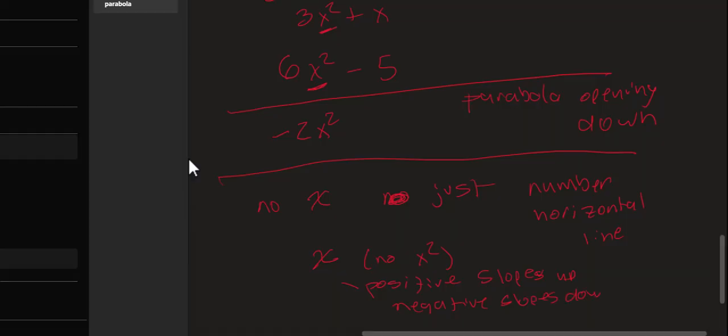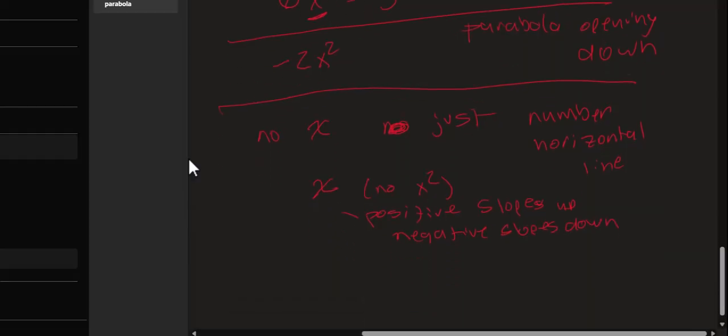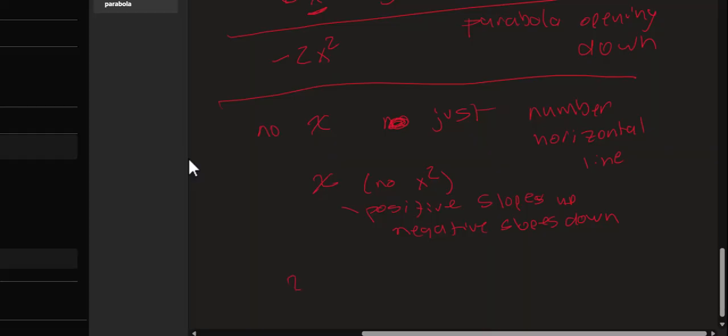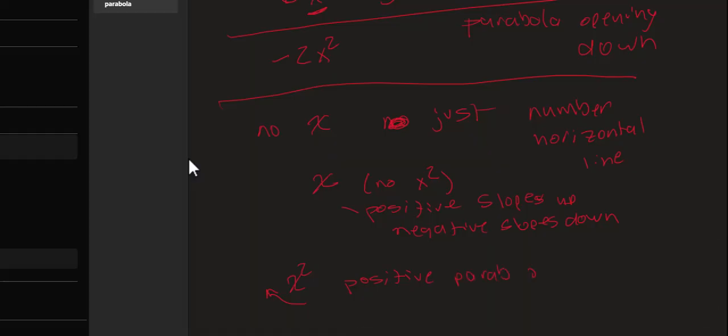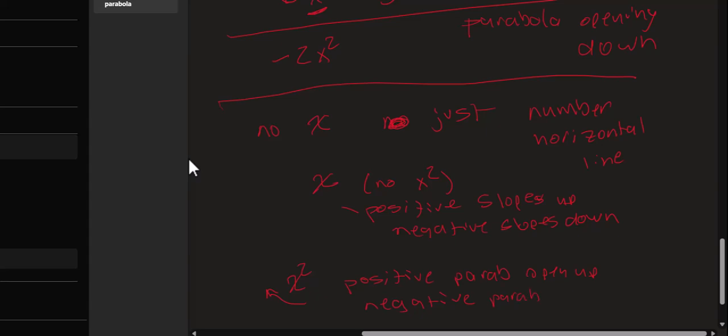Doesn't matter if it has a number, if it has an x and no x squared. If it has an x squared, doesn't matter if it has an x or a number. If the x squared is positive, it's a parabola opening up. And if the x squared is negative, it's a parabola opening down.